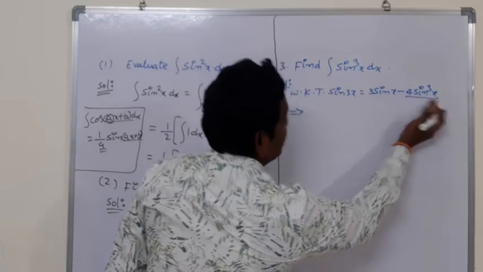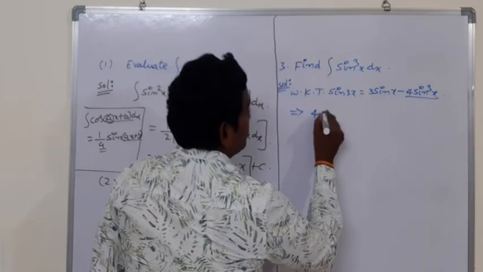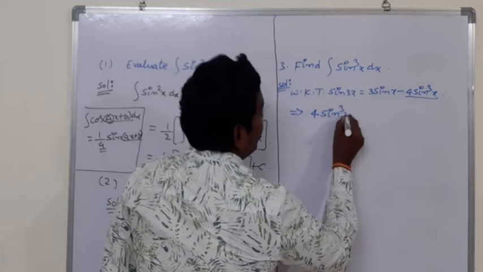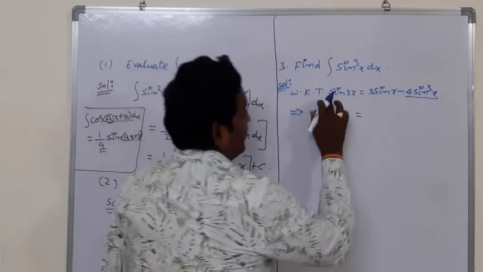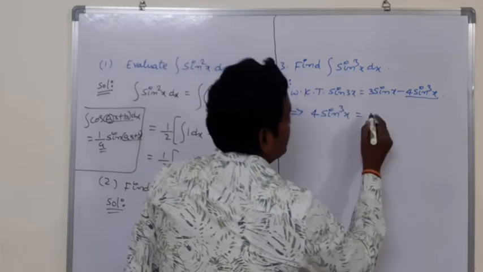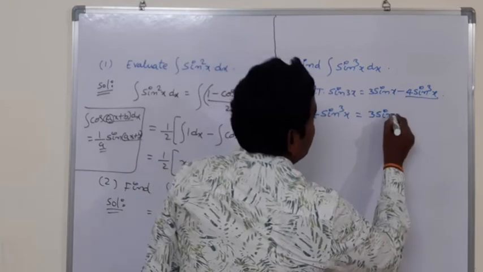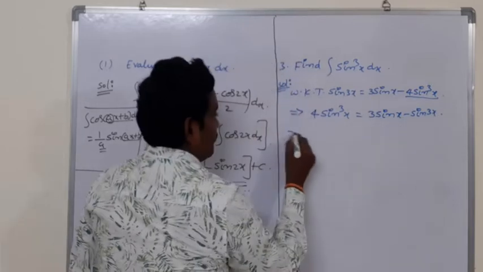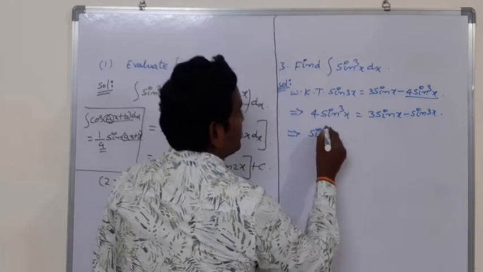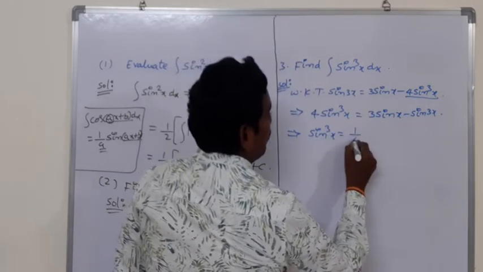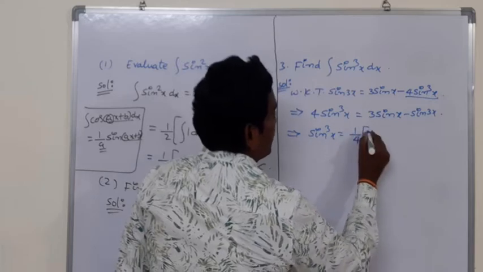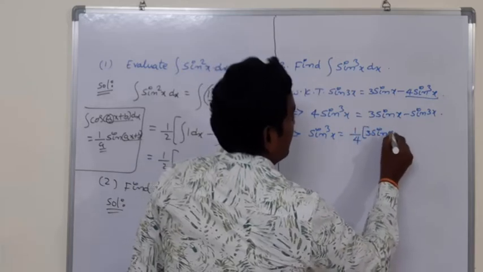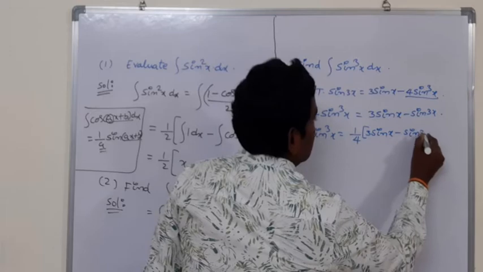Take the right hand side term to the left hand side, so you will get 4 sin cube x, and take the left hand side to the right hand side, so you will get 3 sin x minus sin 3x. From this, what is sin cube x? 1 by 4 of (3 sin x minus sin 3x).